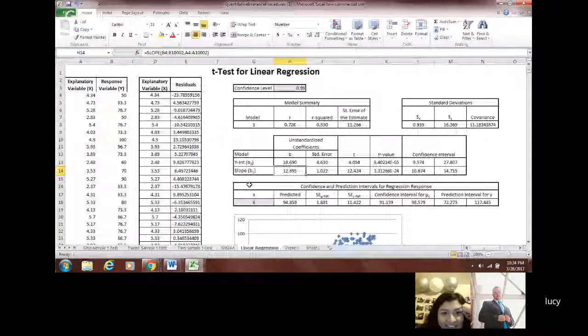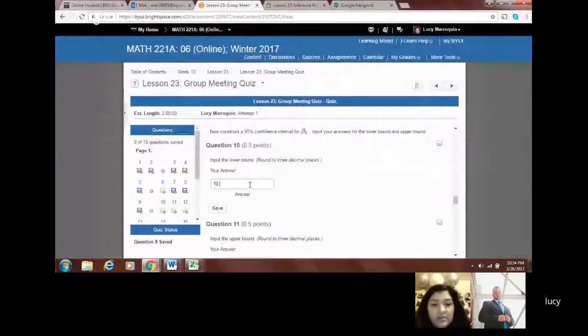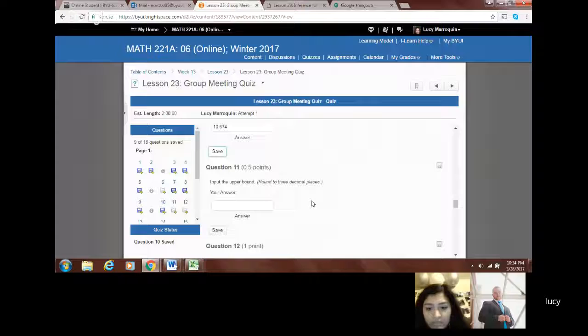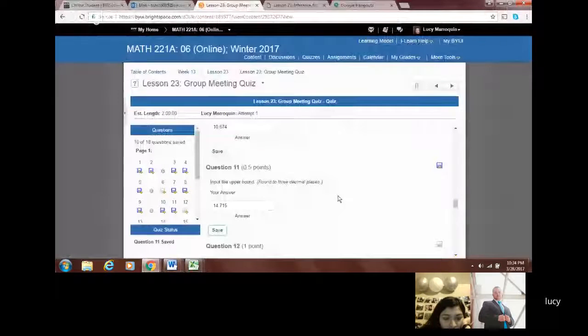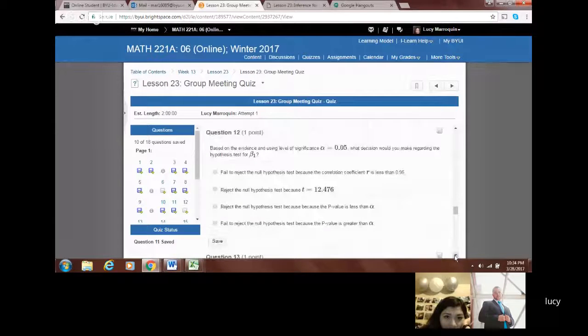And then the lower bound is 10.674. And the upper bound, 14.715. It's nice when little things that we're doing wrong get corrected, and you're like, oh, it makes so much sense now.